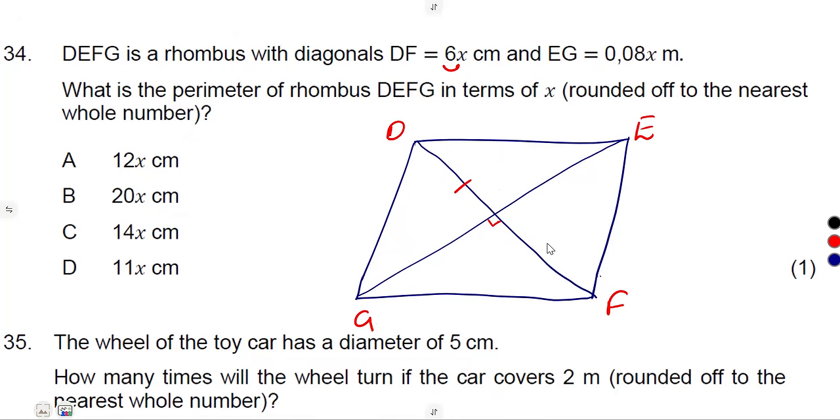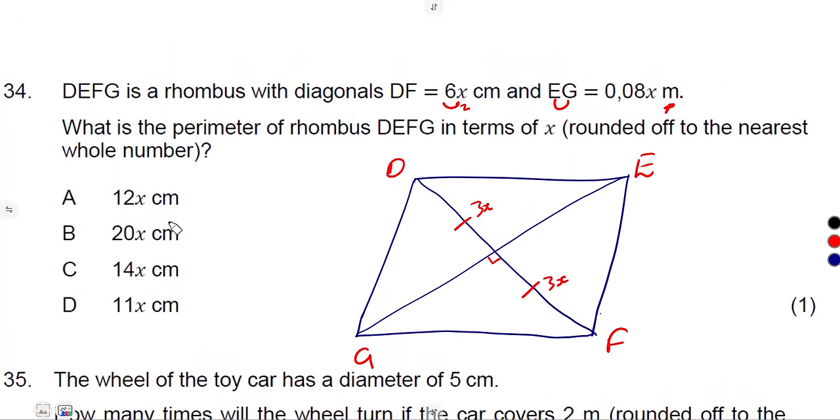But remember, these diagonals bisect each other. So 6 divided by 2 is going to be what? 3x. So this is 3x. This is 3x. From E to G, it is 0.08 in meters there. So you must convert to centimeters because these answers are in centimeters. 1 meter is 100 centimeters, remember. So multiply by what? By 100.